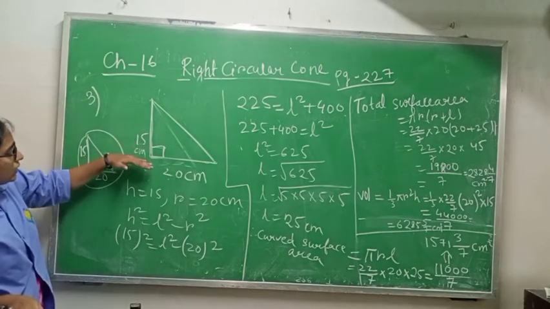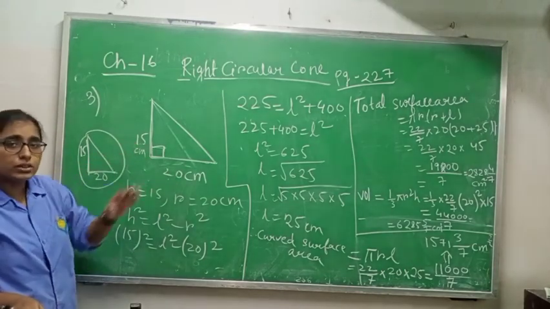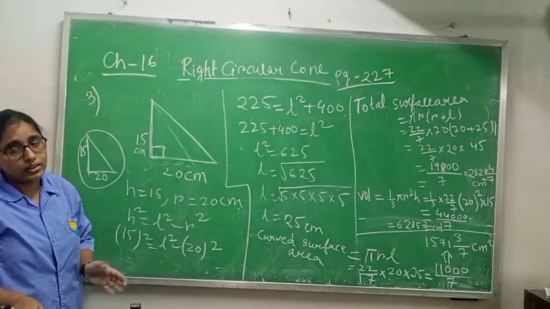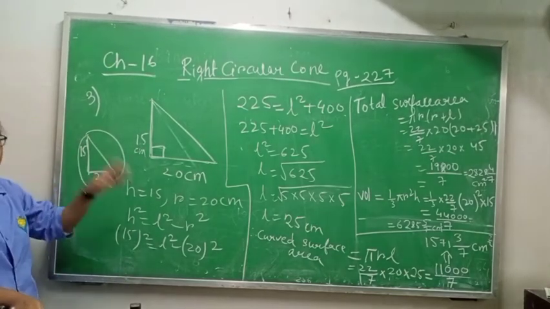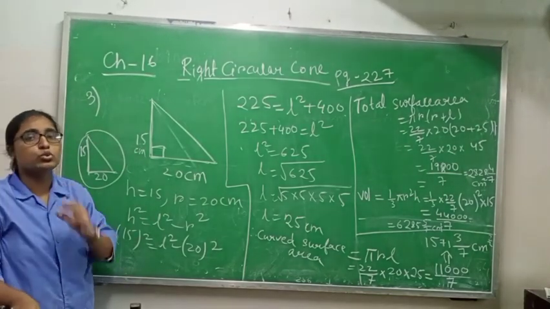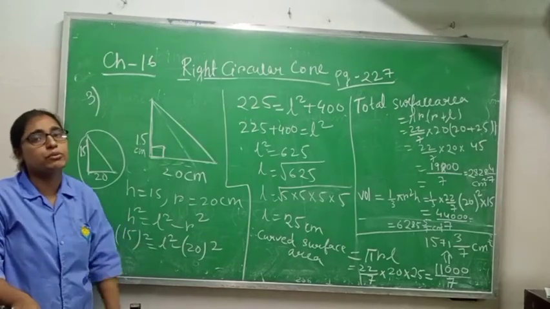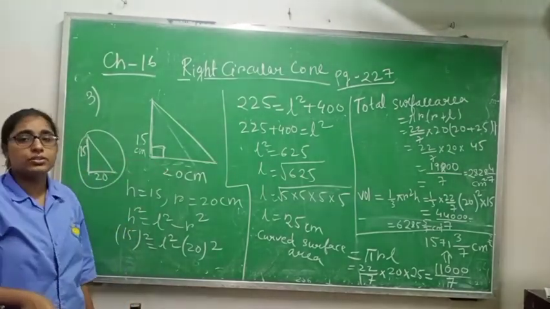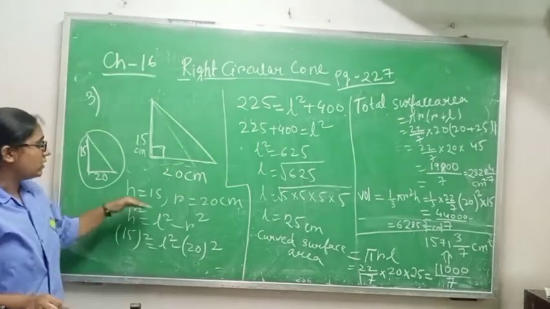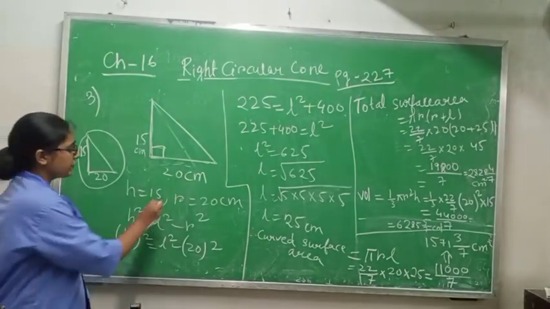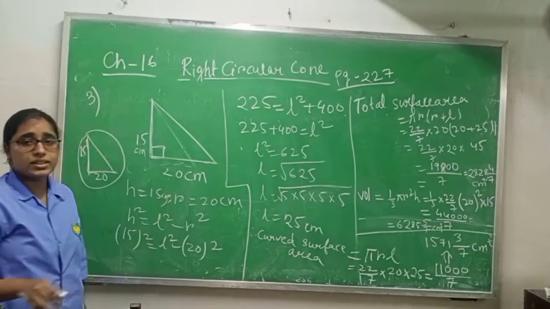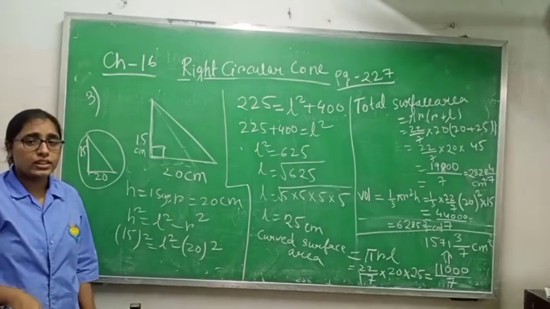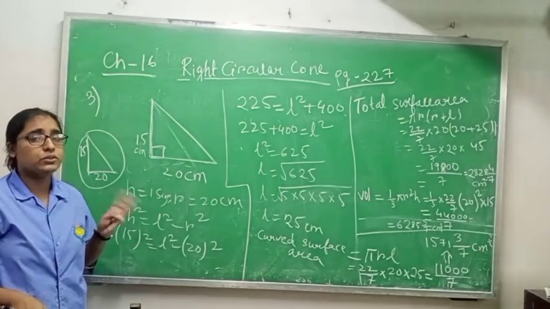So this one will remain 15 centimeter, this one will remain 20 centimeter as it is, because after one complete revolution you come back to the same place from where you started. That is why 15 centimeter and 20 centimeter will remain the same. So h is 15 centimeter and r is 20 centimeter. They are telling you to find curved surface area, total surface area and volume.